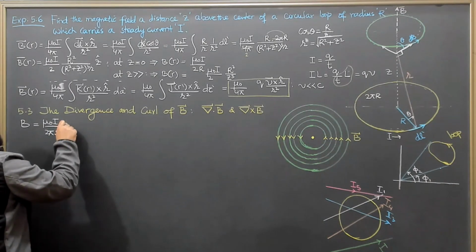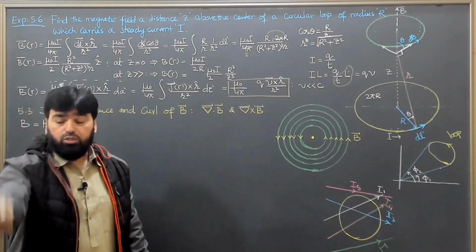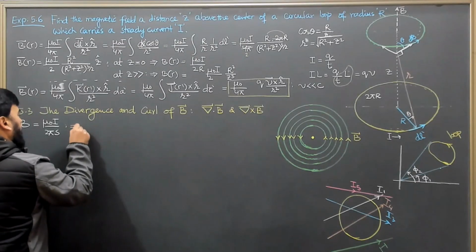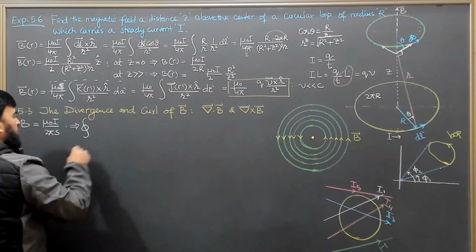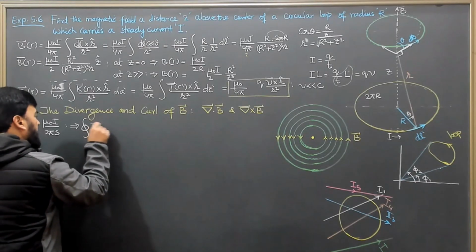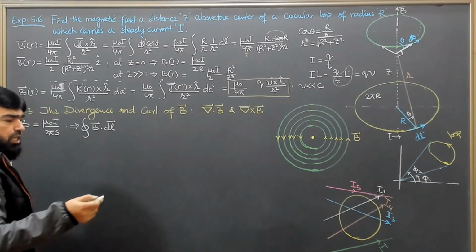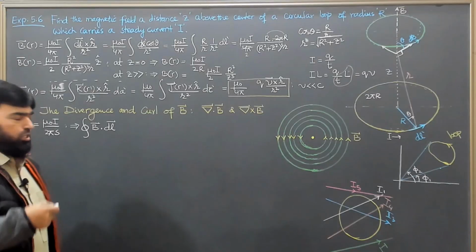Now, if I integrate this magnetic field around the whole closed path, then this implies the integral on a closed loop of B dot dl, because dl is the small length element around that loop.